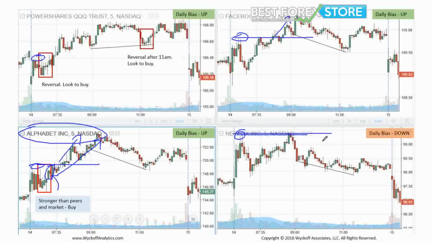So in the first 30 minutes to an hour, all I'm doing is observing what the stocks are doing, and I'm defining that intraday comparative strength and intraday structure. And I'm picking the stocks that are trending, are giving me a signal in the direction of the daily swing bias or in the direction of the structural bias on the higher time frame. And I'm picking the ones that are going to be either stronger or weaker.